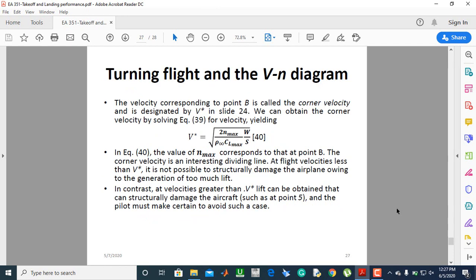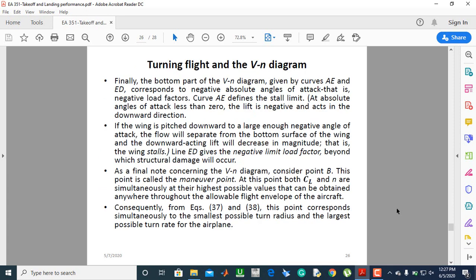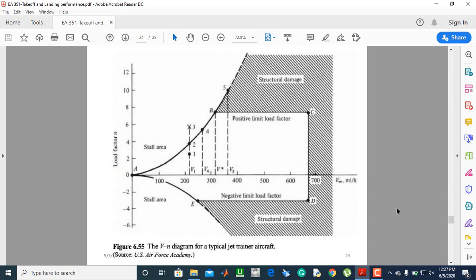Finally, let me look at that velocity V star, which occurs at B. Remember, B is the threshold. Above B, structural damage will begin to occur.